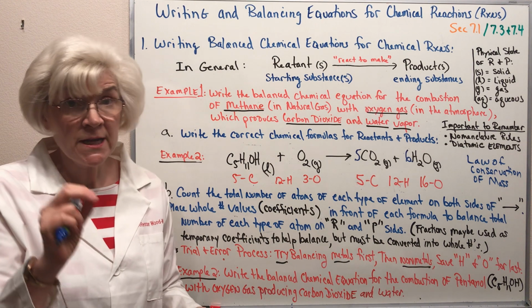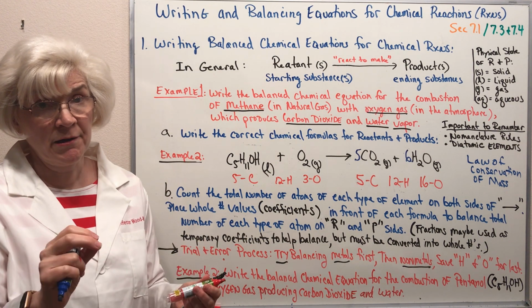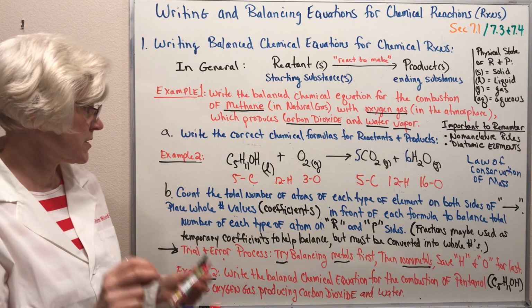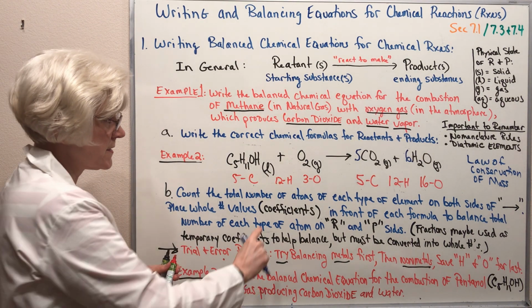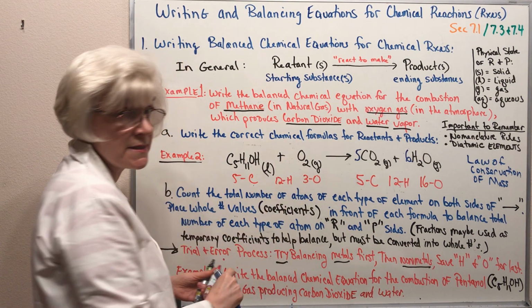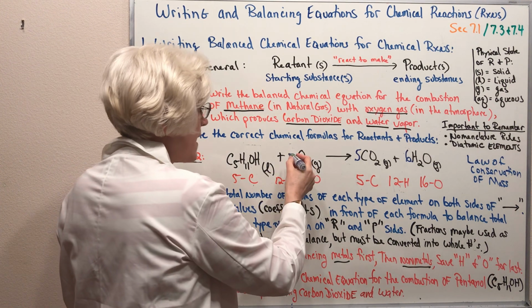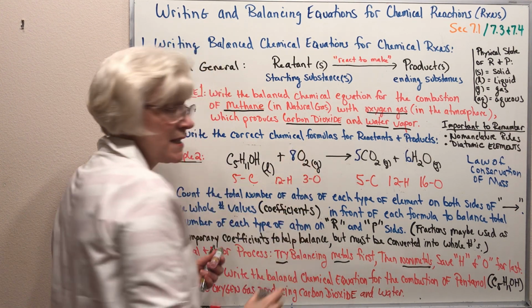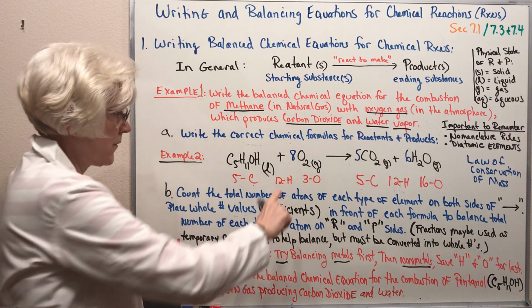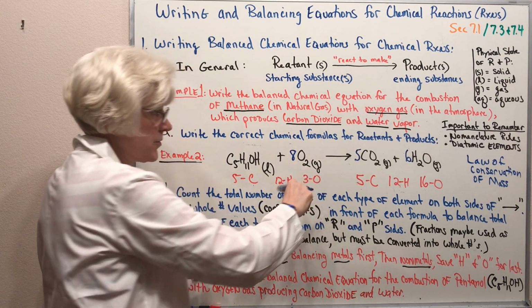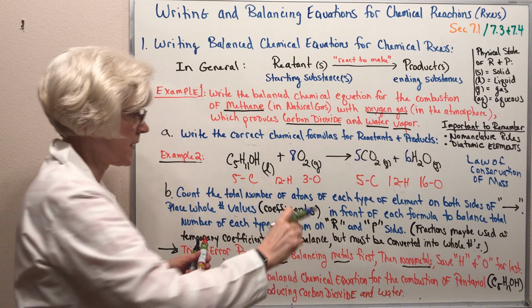Now, a very, very common error that is made at this point is for students to take a look at this elemental oxygen and put a number 8 in front of it. Going 8 times 2, 16.